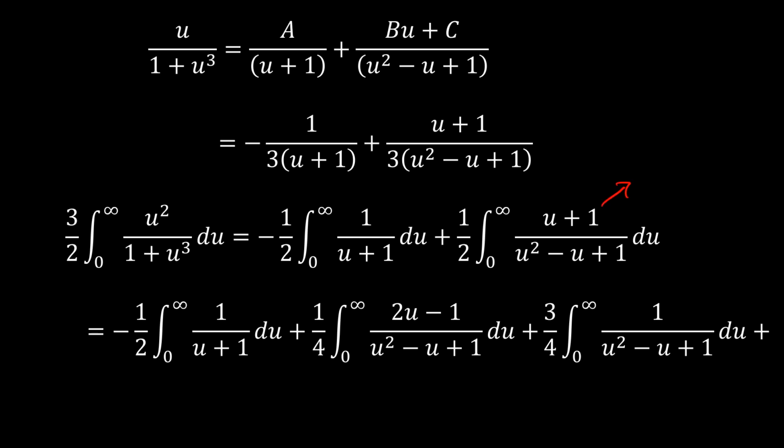And so because there's a quarter here, we have negative a quarter here, and to go back to this half, we've created a 3/4 times 1 over u squared minus u plus 1.